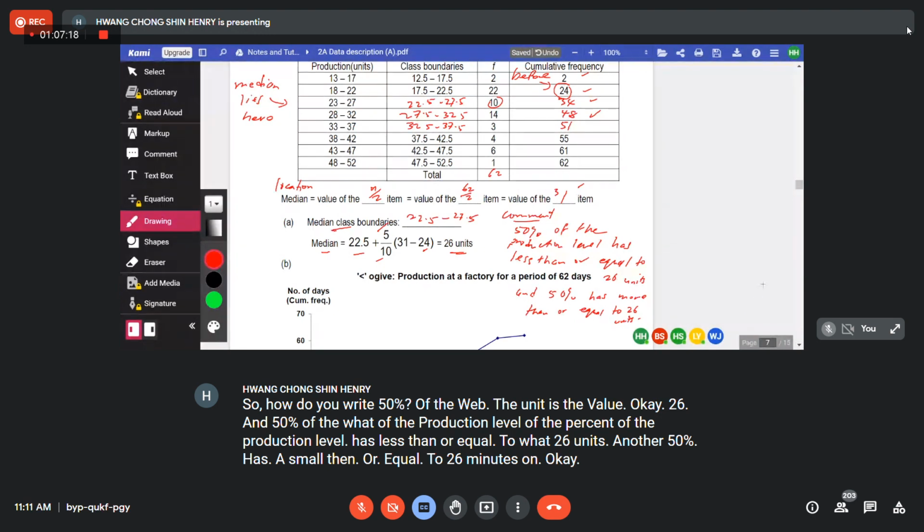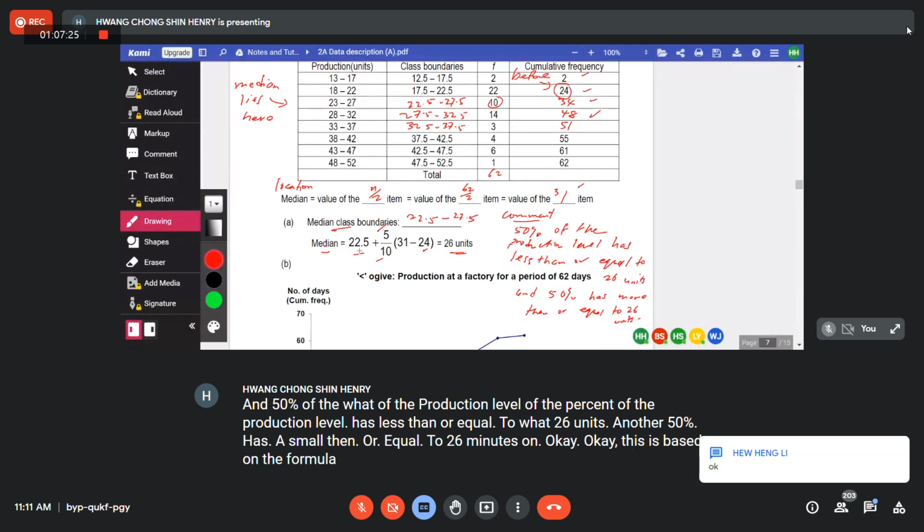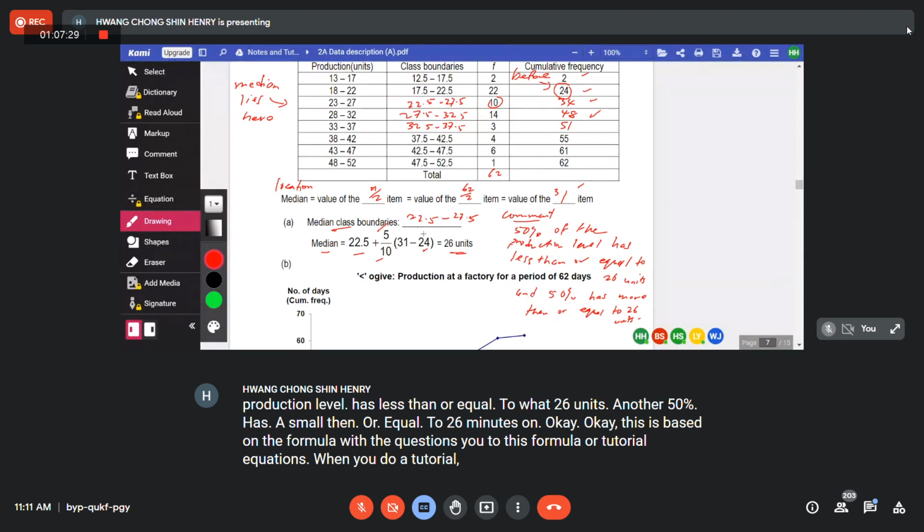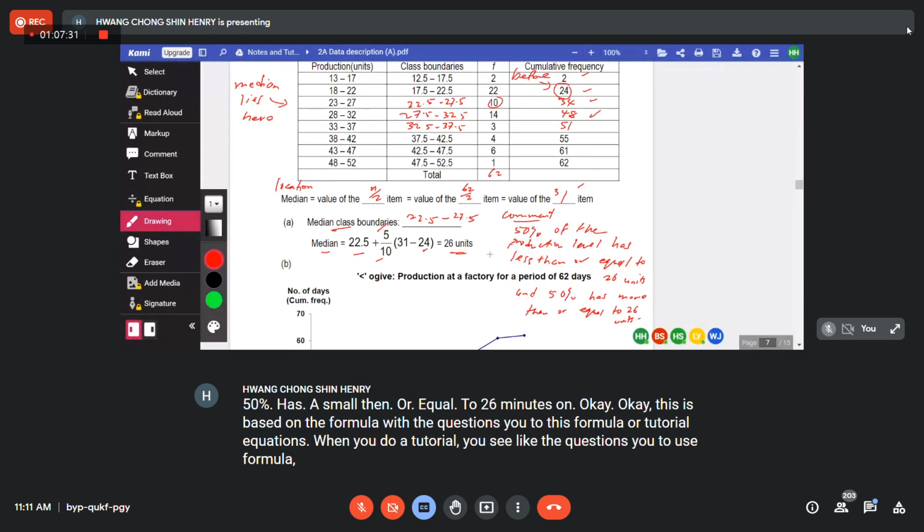Okay, this is based on the formula. If the question asks you to use the formula, in tutorial questions, when you do your tutorial, you see if the question asks you to use the formula, then you use the formula.